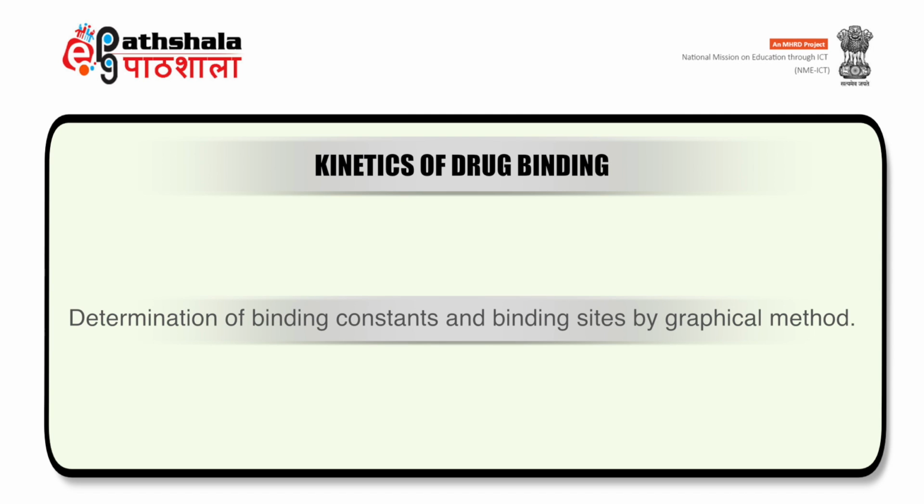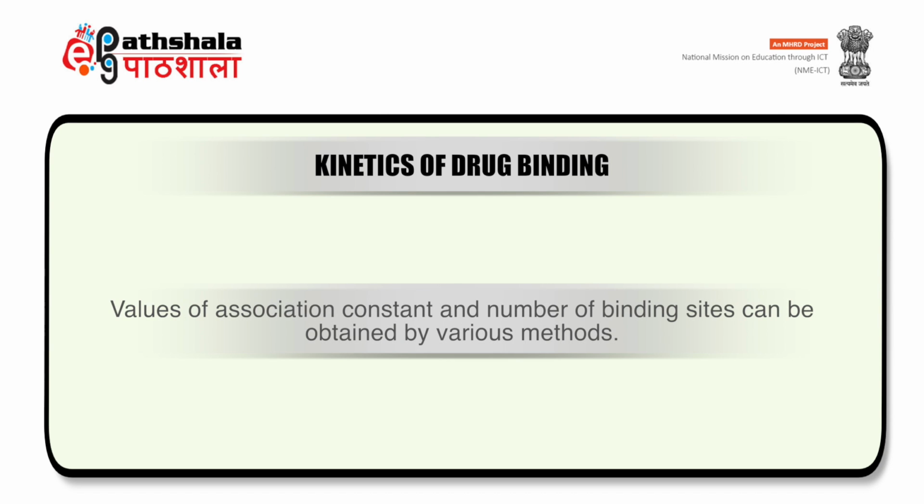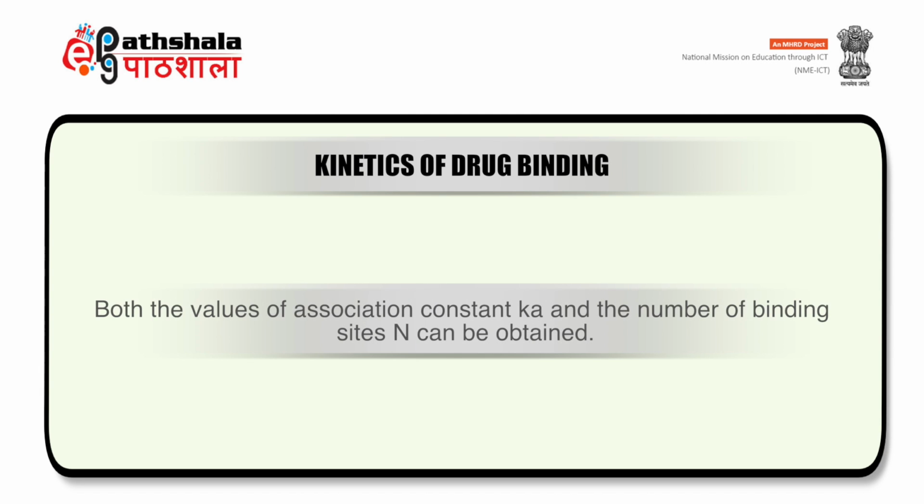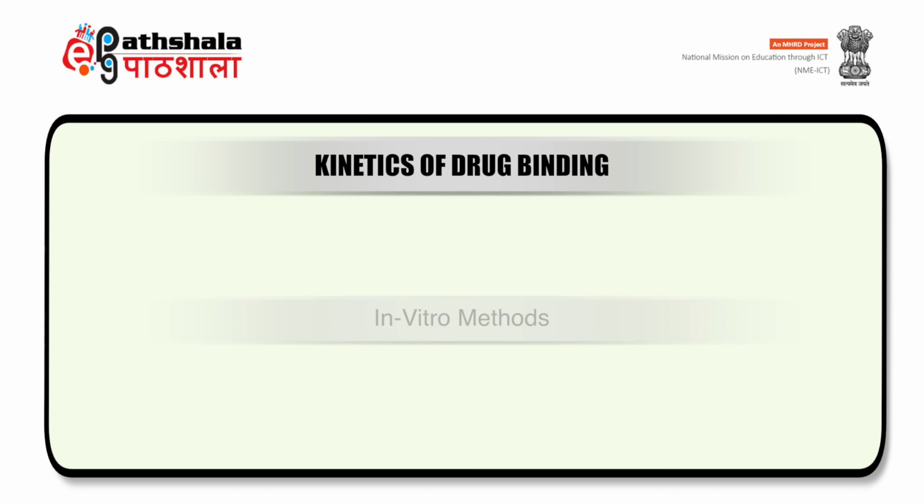Determination of binding constants and binding sites by the graphical methods. The values of association constant and the number of binding sites can be obtained by various methods. The first are the in vitro methods. In the in vitro methods, both the values of association constant and the number of binding sites n can be obtained using the direct plot, the scatchard plot, or the double reciprocal plot.